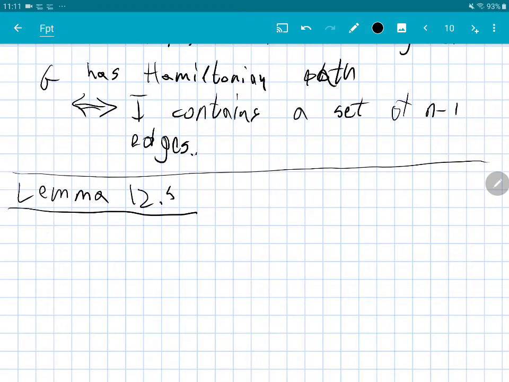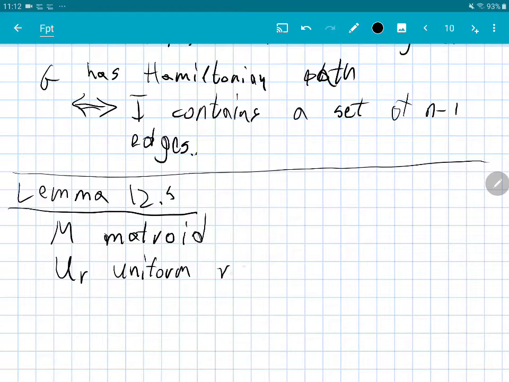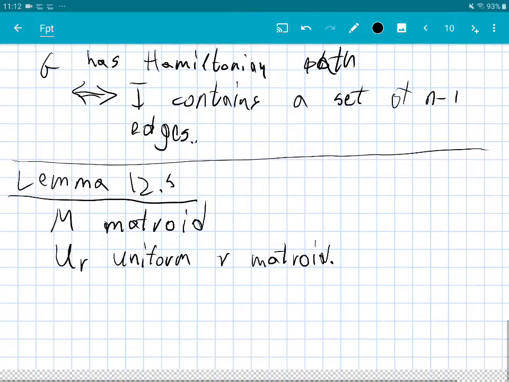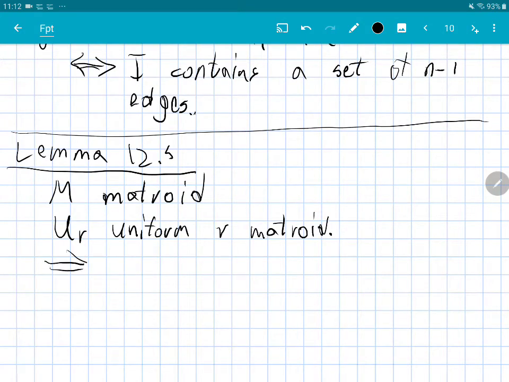It says that if it's a Matroid, and we have another Matroid, but it's not such an interesting Matroid, it's U of R. U of R is the uniform R Matroid. So what is a uniform Matroid? It's just a Matroid that contains all subsets up to size R. It's the simplest thing. Then the intersection is still a Matroid.